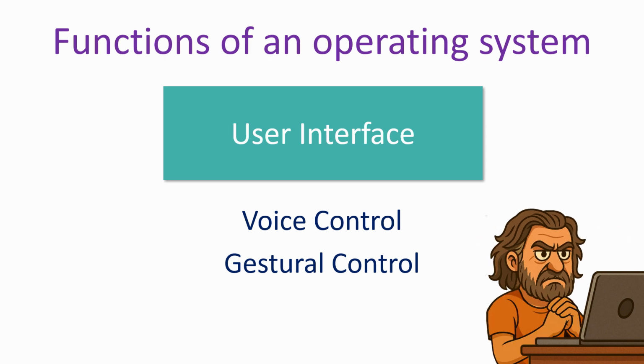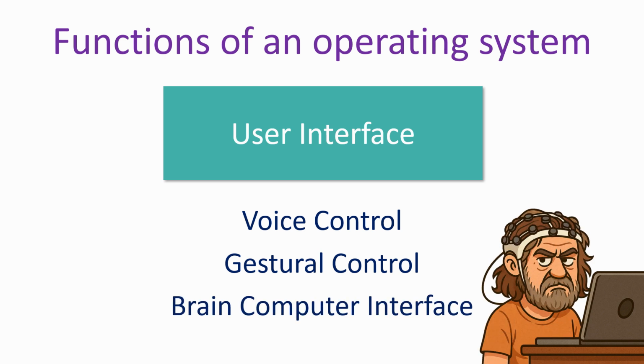Some systems can even read your facial expressions. And then there are brain-computer interfaces, which allow you to control a computer simply by thinking. You can imagine, as artificial intelligence continues to advance at an extraordinary rate, one day communicating with a computer will be as good as telepathic.